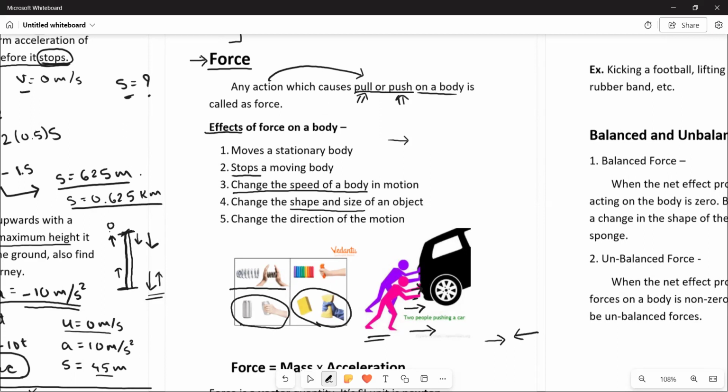And now the fifth and last change is the change in the direction of motion. Now see, there is IPL going on, and many of you must also be watching the IPL. Whenever a bowler throws a ball towards the batsman, the batsman moves his bat and plays a shot, right?